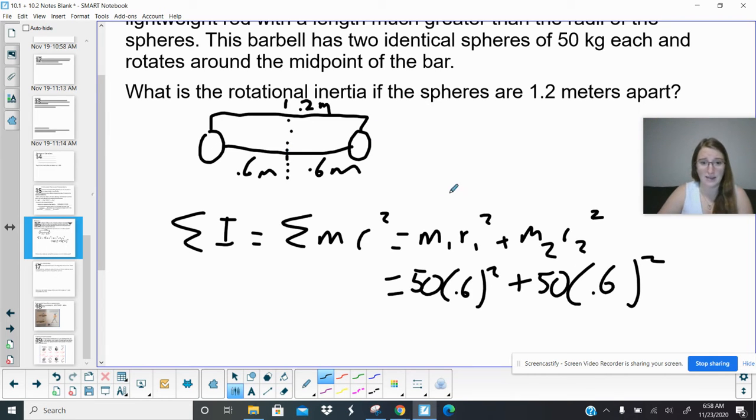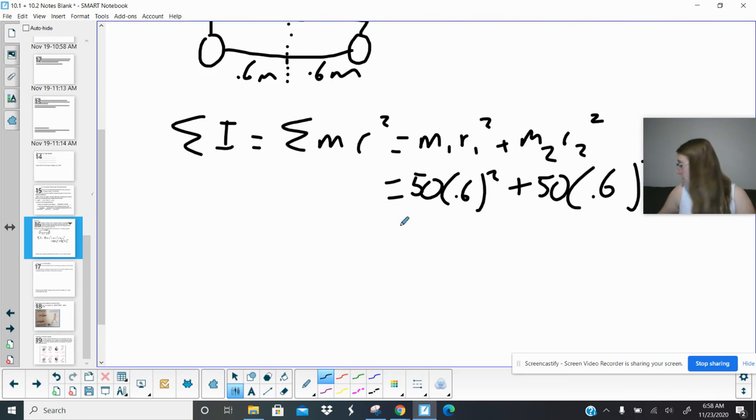In this case, it's the same thing both times, since the masses are the same and the distance from the center is the same. So all I gotta do is plug this in. So we got 50 times 0.6 squared, times 2, basically. So we should get a rotational inertia of 36.